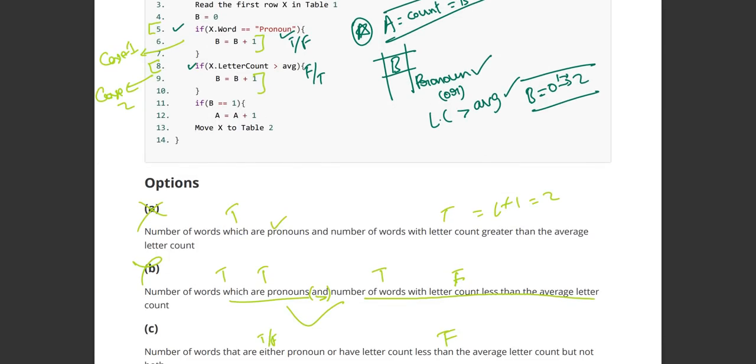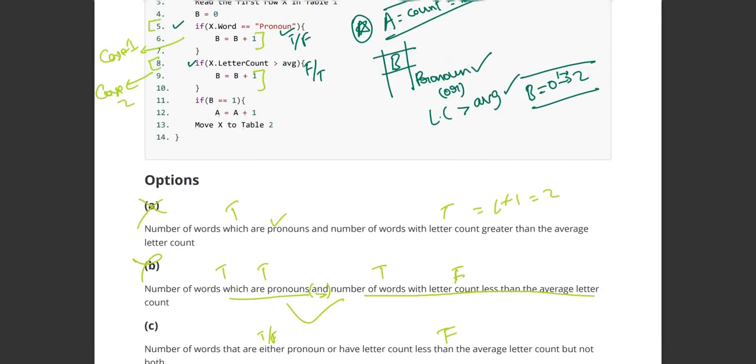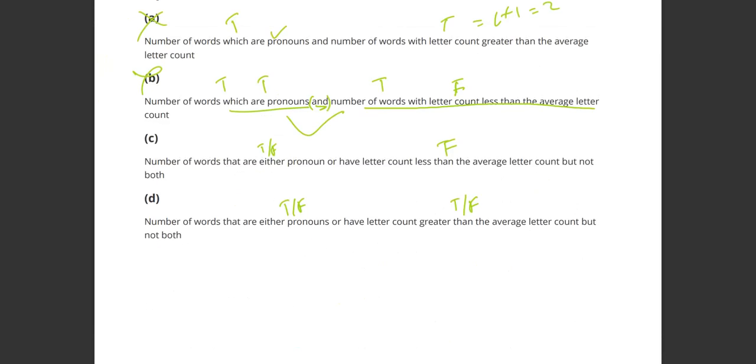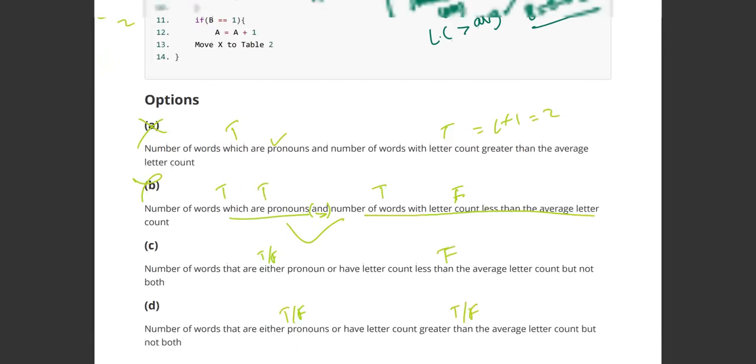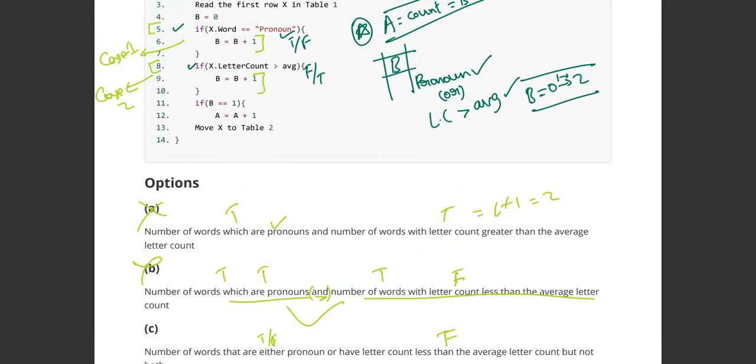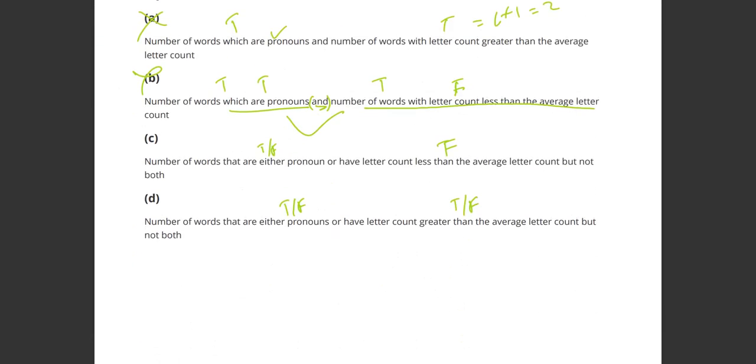Less than in the sense, here it is less than the average letter count. That means it remains to be false always. If you say this, it remains to be false.